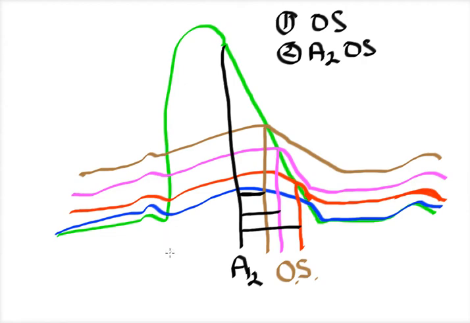This causes the normal S1 to become accentuated. And so another important clinical finding in MS is that there's an accentuated S1.